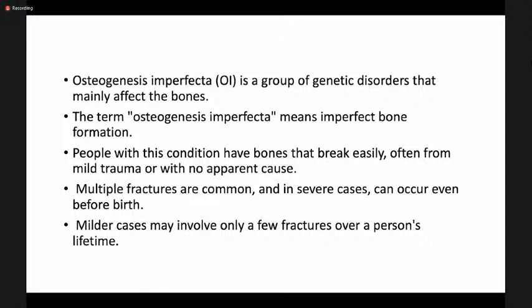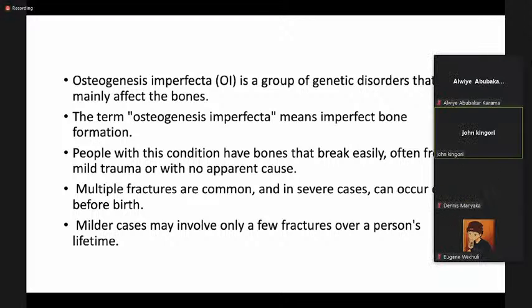So osteogenesis imperfecta is a group of genetic conditions or disorders that mainly affect the bones. Imperfect bone formation. People with this condition have bones that break easily, often due to mild trauma or sometimes even no trauma, but the bone just breaks.